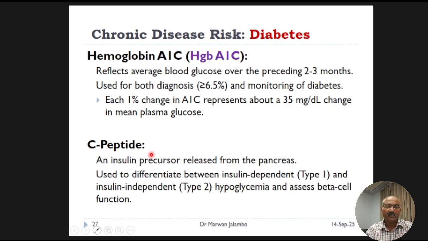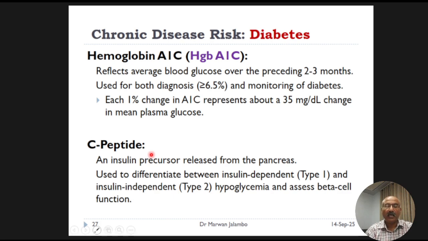So measuring C-peptide can tell us how much insulin the patient's own body is producing. This is extremely helpful in differentiating type 1 diabetes, where production is absent, from early type 2 diabetes, where production may be high. This concludes the biochemical section.